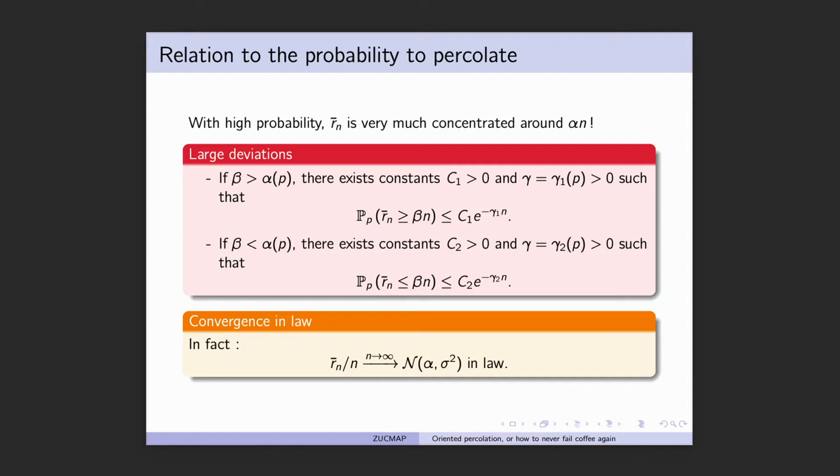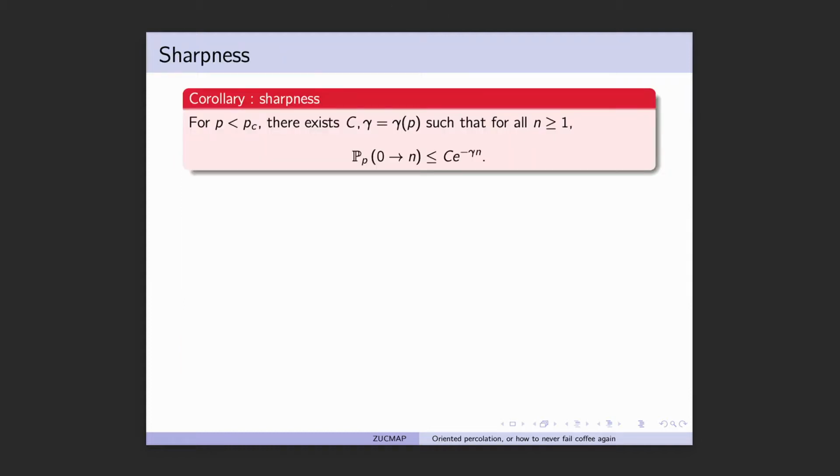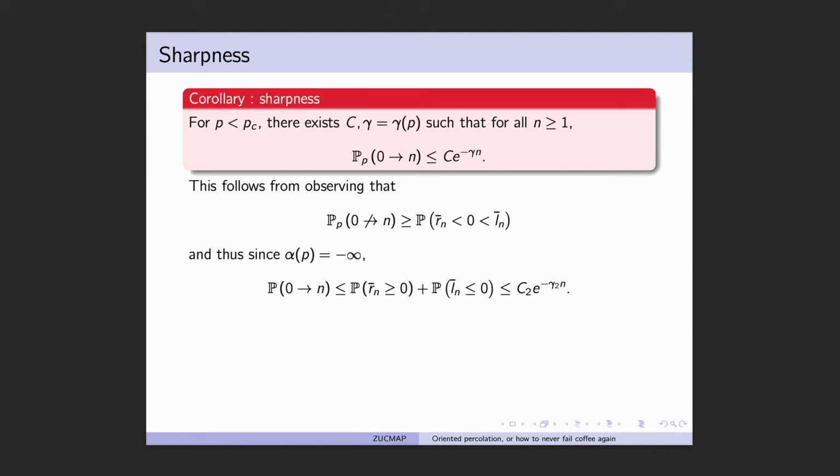So all is well. And from these results, if you just admit these concentration results, then we have the following, what we call the sharpness. So if we are below the critical temperature, then already reaching distance n is exponentially hard, as I said. And this is not too hard to prove.